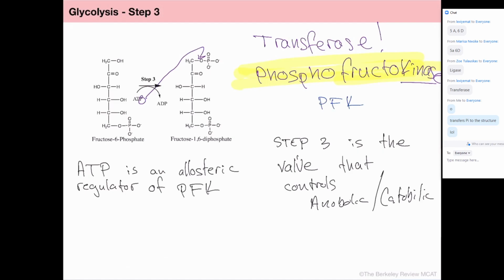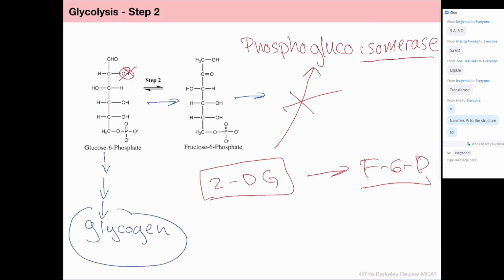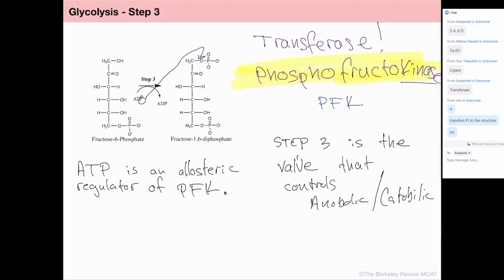We'll take a quick pause. Someone wants me to go back to step 2. Got it? Sweet. Okay. So it turns out ATP is an allosteric regulator of phosphofructokinase.